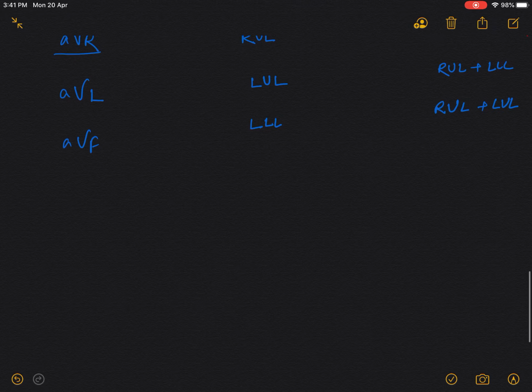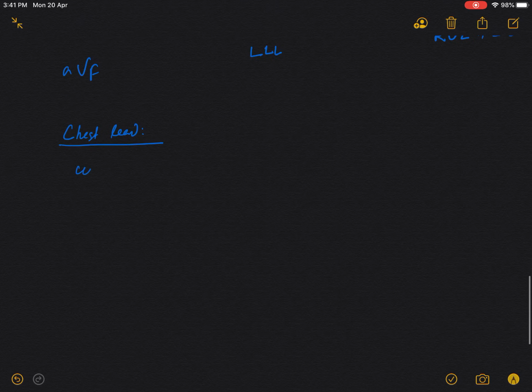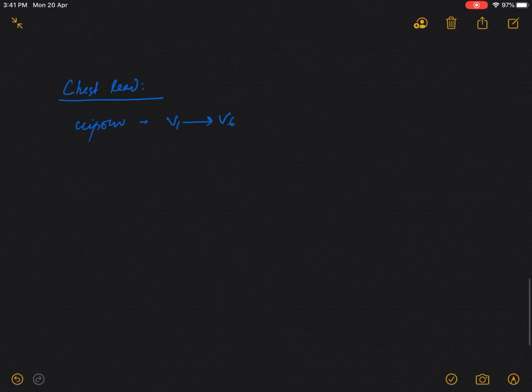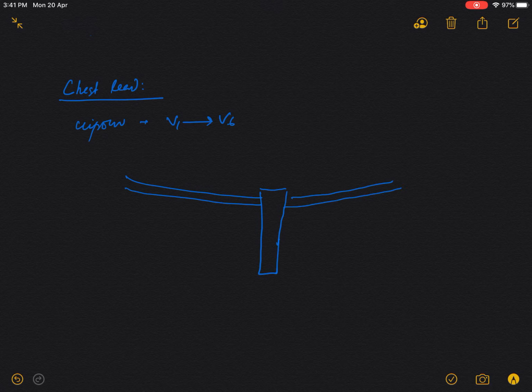Then to detect the horizontal electrical activity, we use chest leads. There are 6 chest leads, that are unipolar, from V1 to V6. Their placement is like this. This is the sternum, these are the ribs, and these are the intercostal areas.